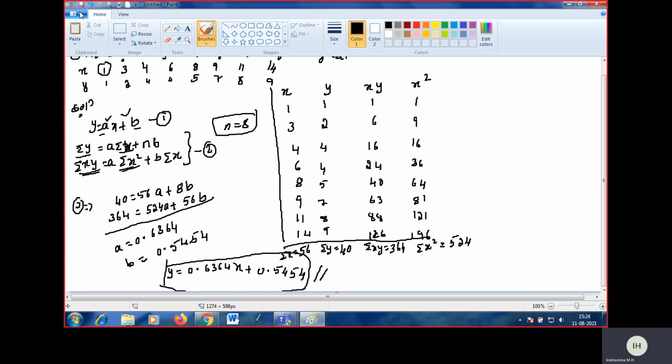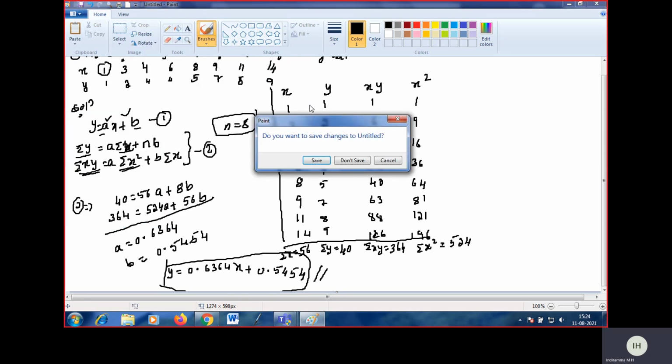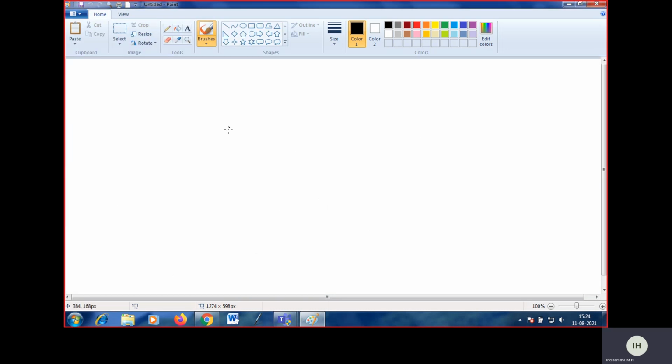in the straight line itself. So take down the second problem.